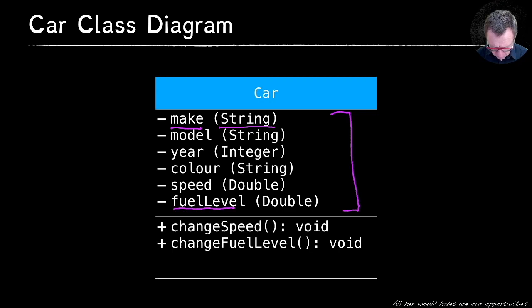We've got a fuel level, which is of data type double. Then in the bottom section, what we've got are our methods. We've got our change speed method, which is a void method. We've got the change fuel level method, which is also of type void, meaning there's no return value from it.